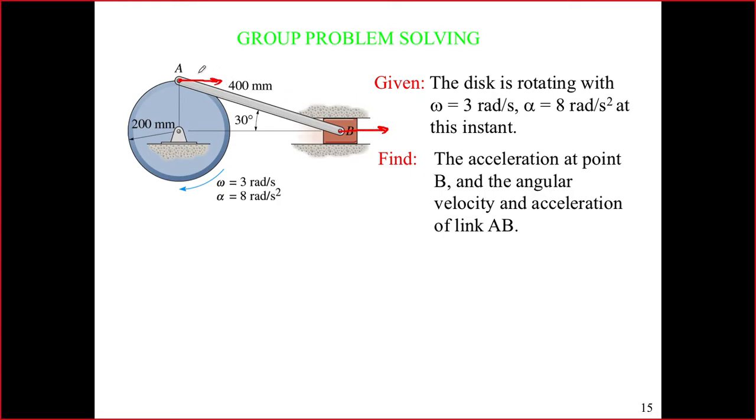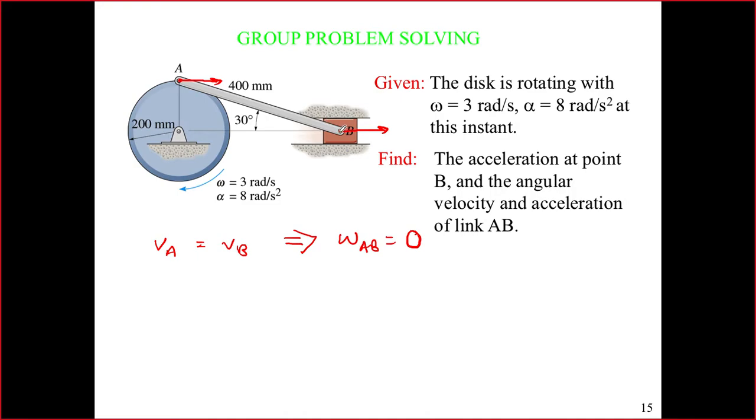So at this instant both A and B are moving with the same velocity, VA is equal to VB, which we know. That means both are simply translating together, and because of that we can immediately jot down what omega AB will be. Zero.